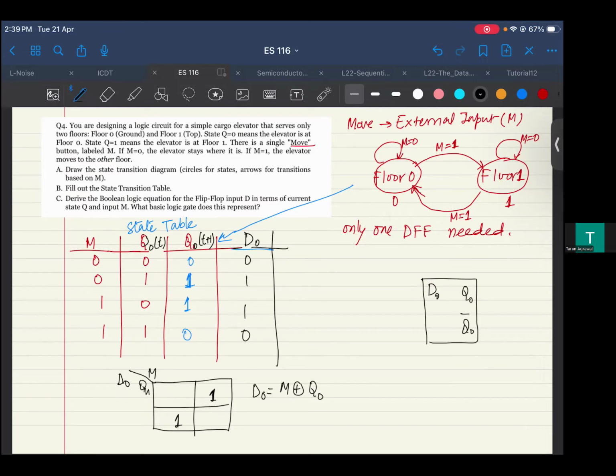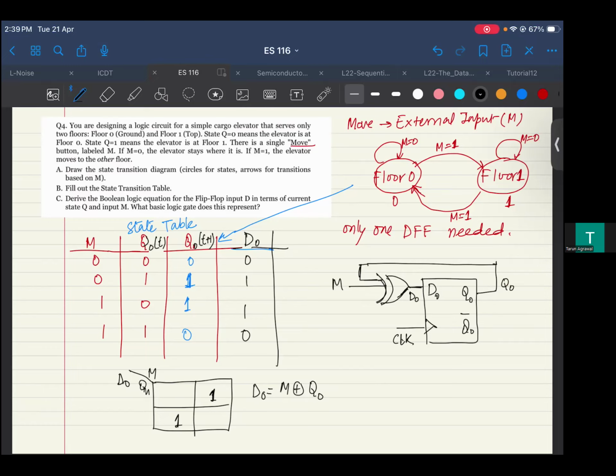There is an external input M also, and I have to do an XOR operation and feed that to the D input. One input is the external input, and the other input is coming from Q. With this, you would be able to implement the state table, or the user problem of the elevator, with this circuit. Here this is your D0, which is M XOR Q.